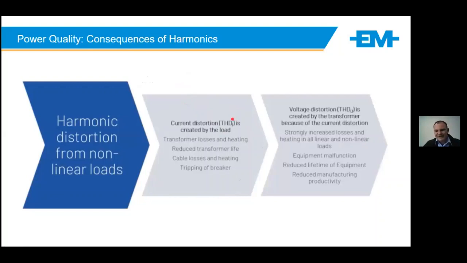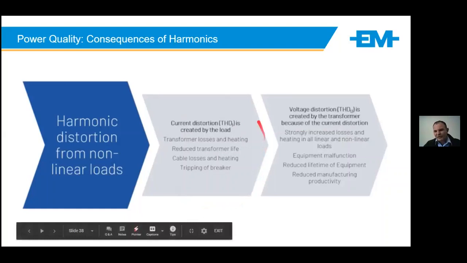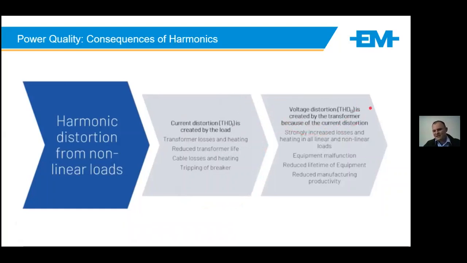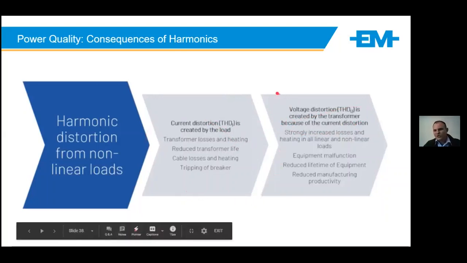Transformer losses, heating, reduced transformer life, cable losses and heating, and tripping of breakers, as an example. Voltage harmonics in the transformer are created in almost all cases by your current harmonics. So it's based on the nature of a load. You will not know what this is without having the load running.